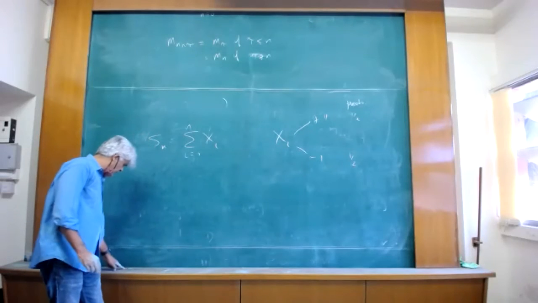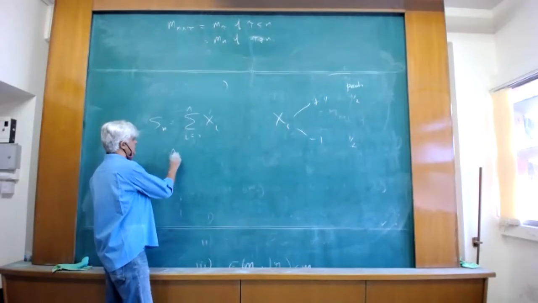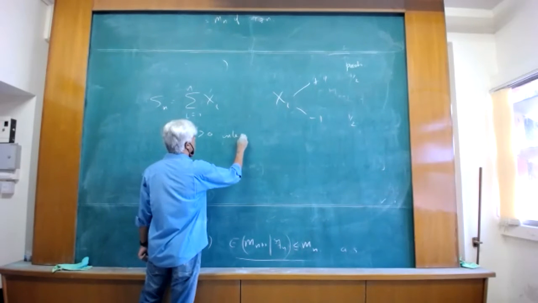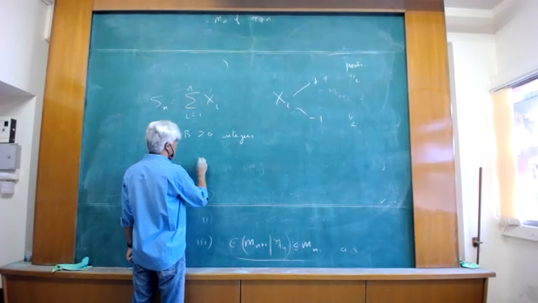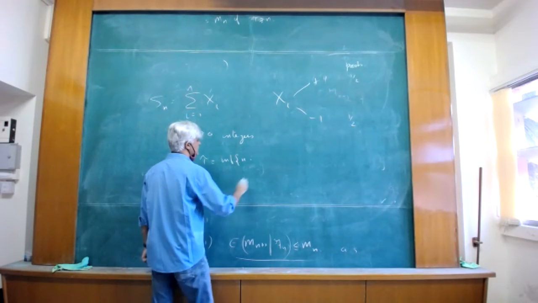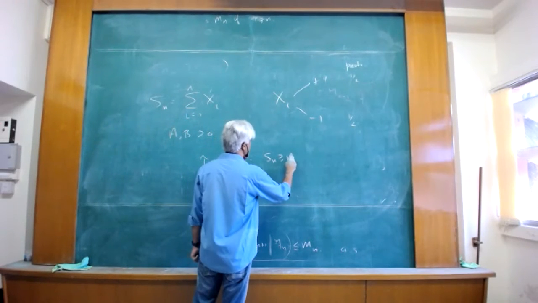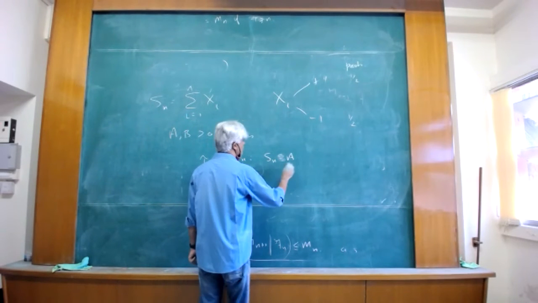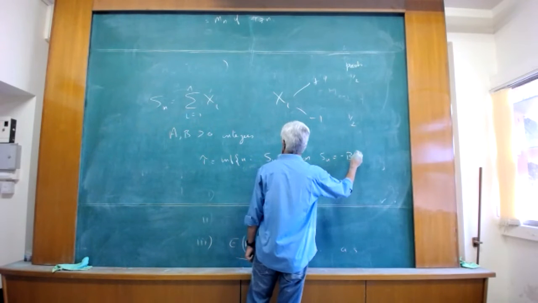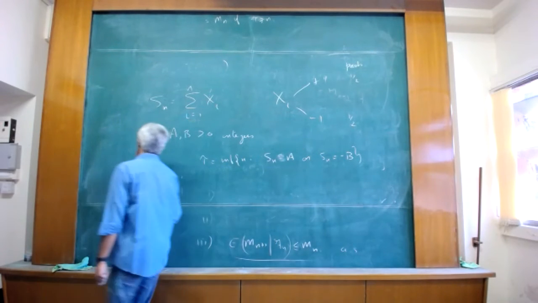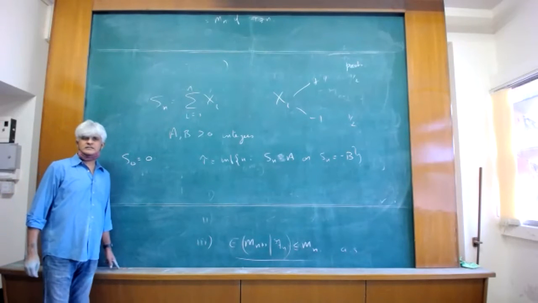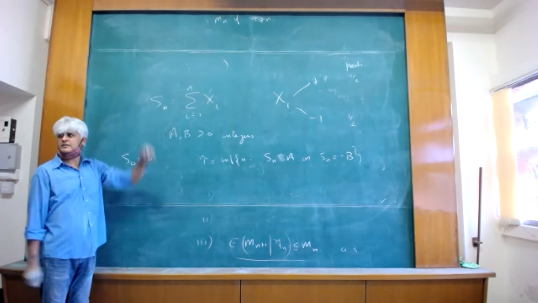Now A and B are integers greater than 0, and tau is the infimum of n such that Sn is equal to A or Sn is equal to minus B. I start with 0, so it's the first time I hit either level A or level minus B.